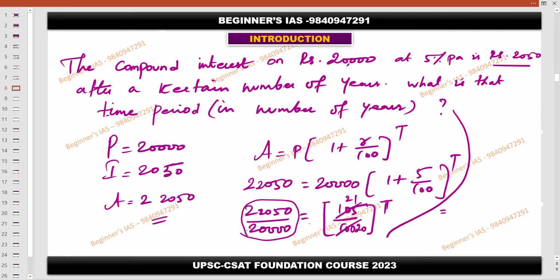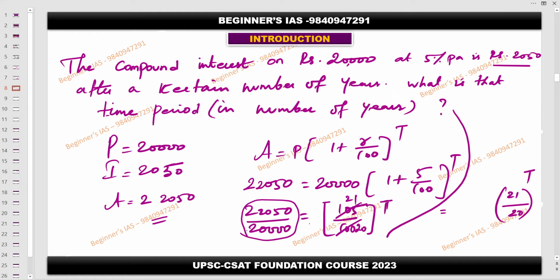Then you can write 20 here, then 21 the whole power T. So that you need to equate here. The power would be the answer. So shall we cancel this 0 0? We can cancel this 0 0.